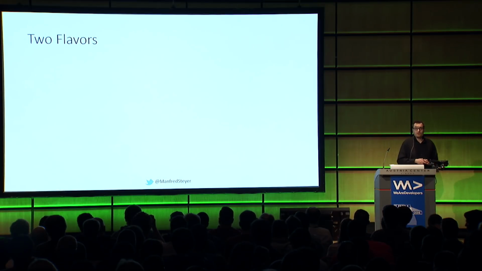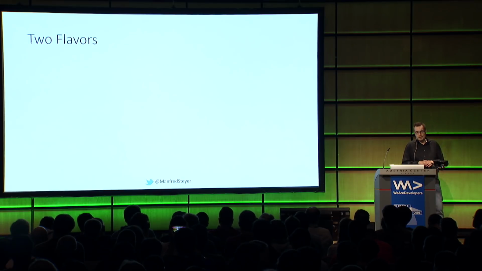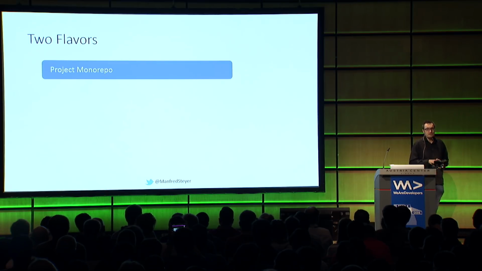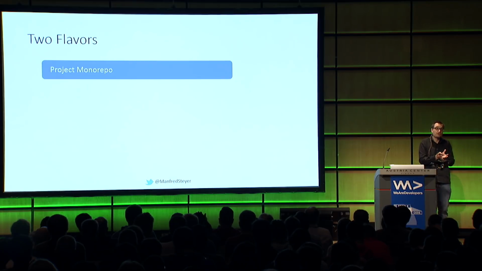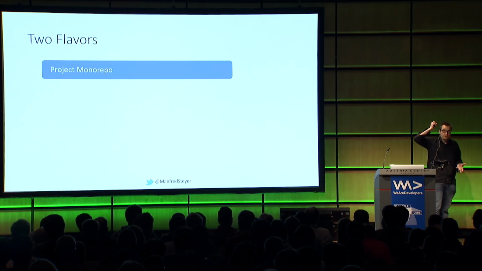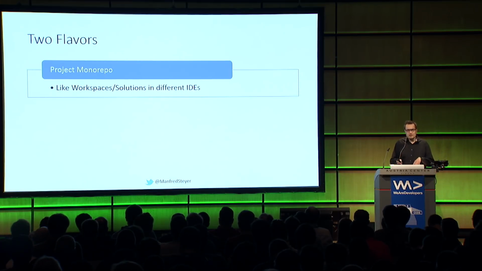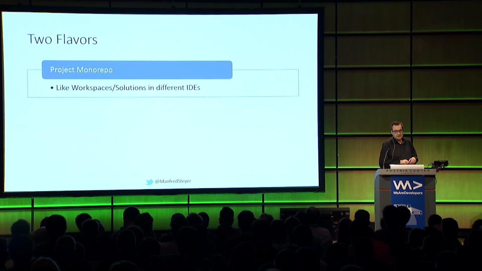To tell the whole story, this monorepo approach comes in two flavors. The flavor I'm talking here about is the so-called project monorepo. That means that everything that belongs to one project, to one software system, is put into this folder structure. And you can very likely compare it with concepts you already know. For instance, workspaces in Eclipse.